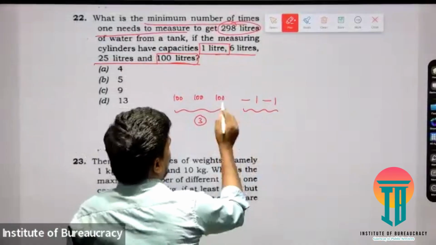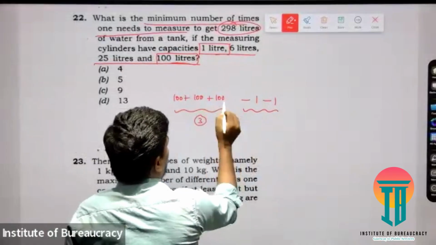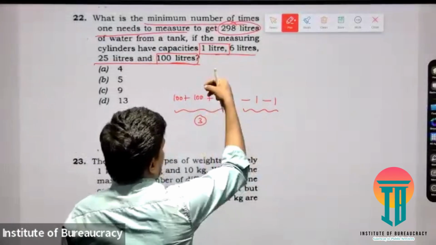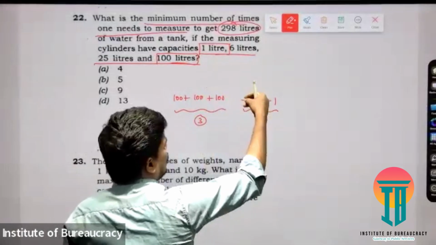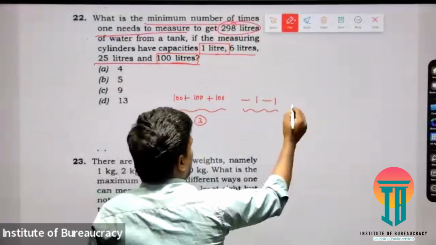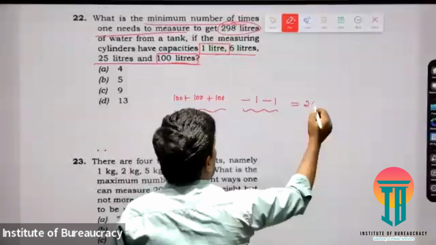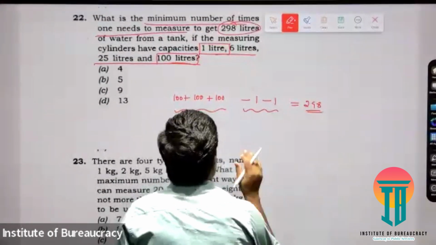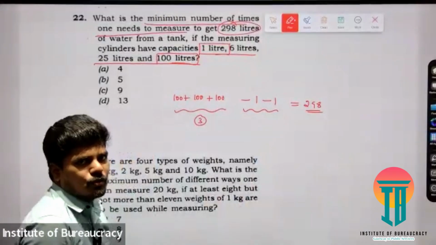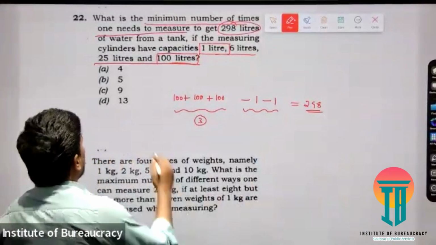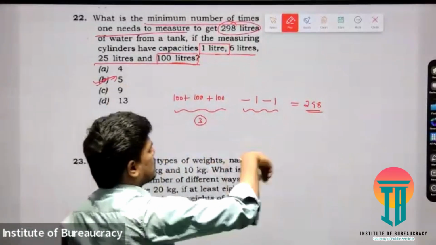So 3 times I have taken 100 liters, and 2 times I have removed 1 liter. Therefore, I get 298 again. So the minimum I need to measure is 5 times. 5 times is the answer for this.